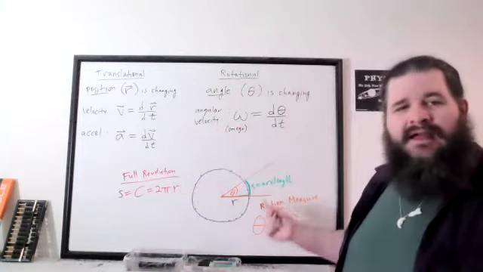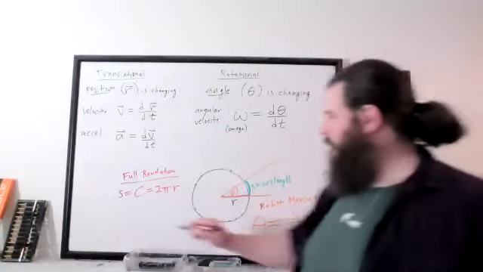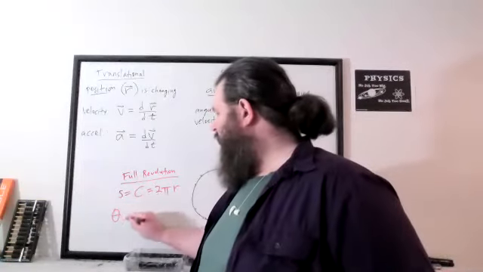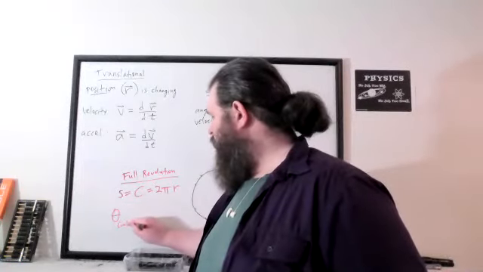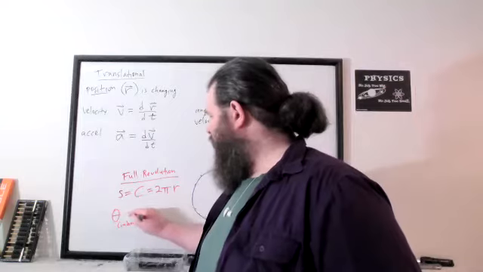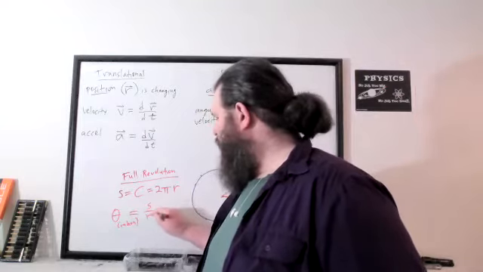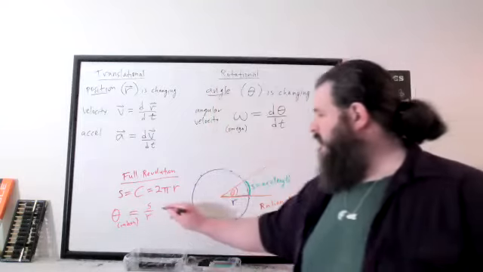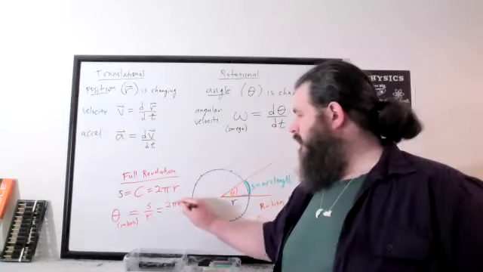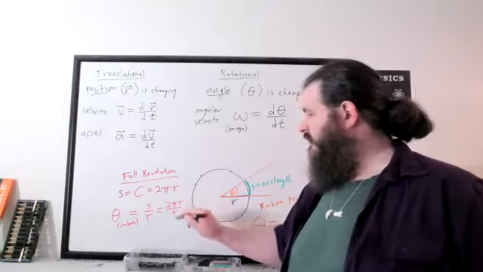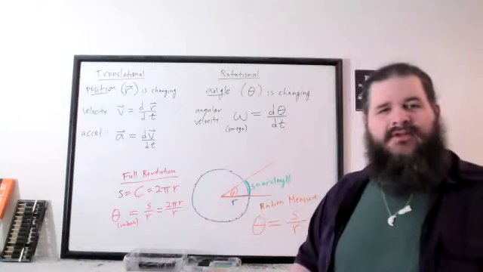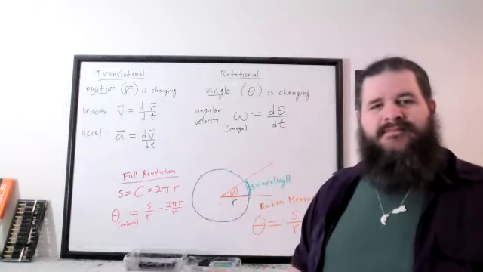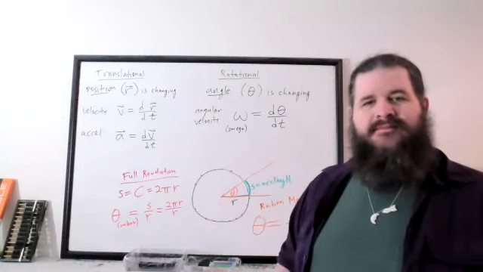Which means if we wanted to calculate the angle in radians, the angle in radian measure is defined as arc length over r, arc length over radius. So that's 2 pi r, the circumference, divided by the radius. And what happens when we divide those? It's just 2 pi.